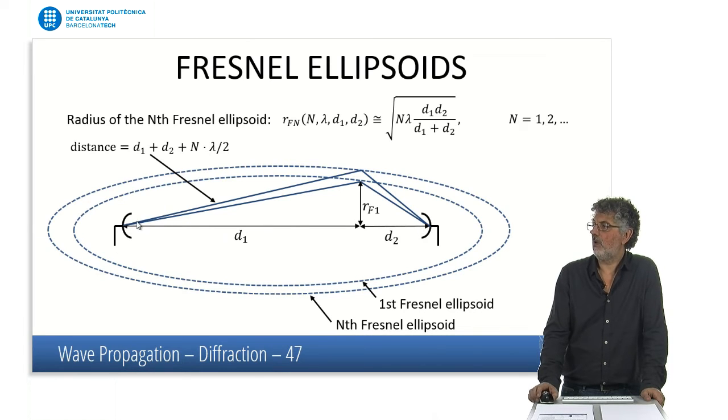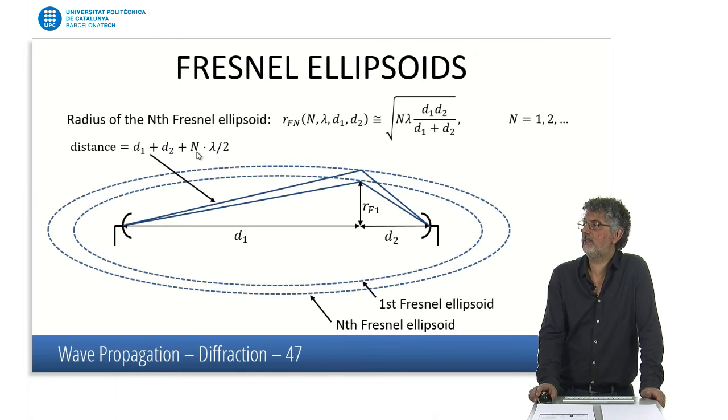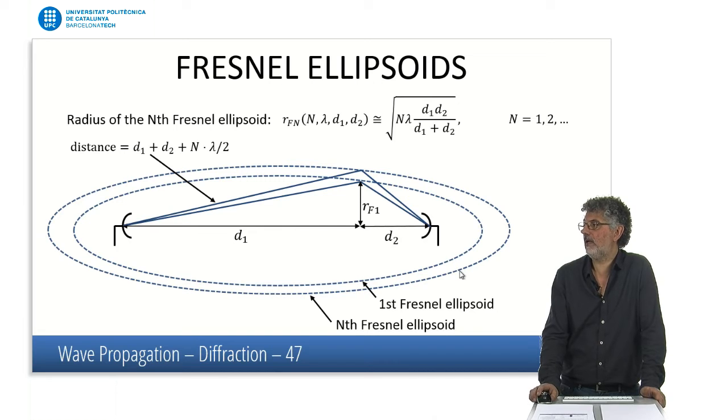Well, when that path has a length of D1 plus D2 plus n times half a wavelength, that defines an ellipsoid, which is called the Fresnel ellipsoid. When that difference is only half a wavelength, this is the first Fresnel ellipsoid, and then I can define the nth Fresnel ellipsoid according to this value n.